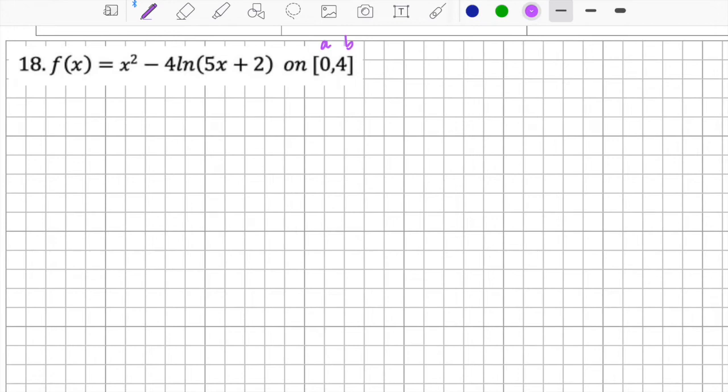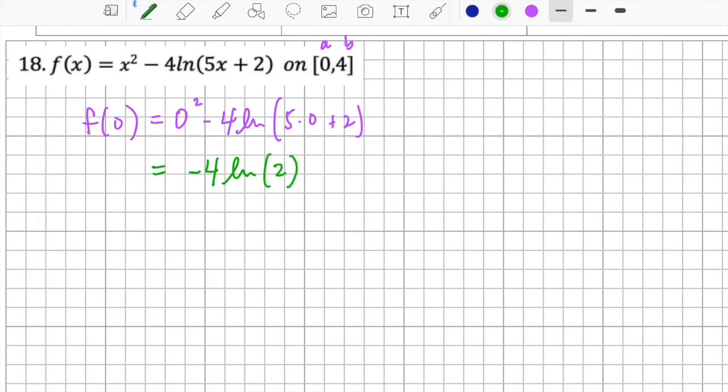So again, this is your A, this is your B. Let's find out what is f of A, or better yet, what is f of 0. So that tells me just plug it in. So it'll be 0 squared minus 4 natural log of 5 times 0 plus 2. Let's simplify. So that's going to be negative 4 natural log of 2, because 0 squared is gone.